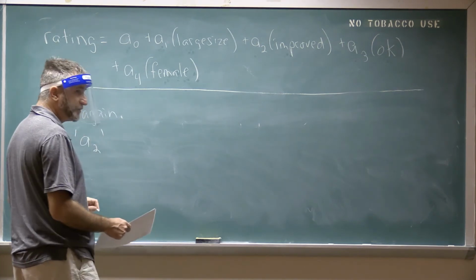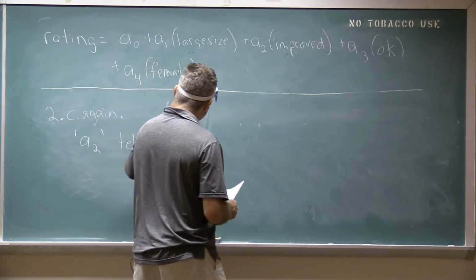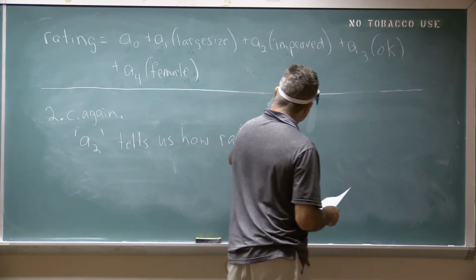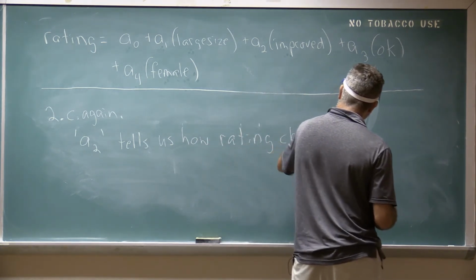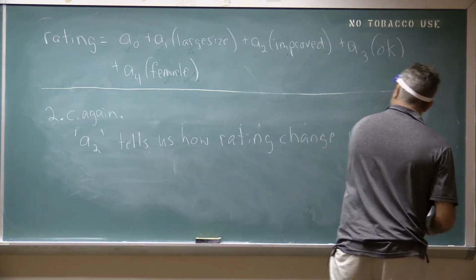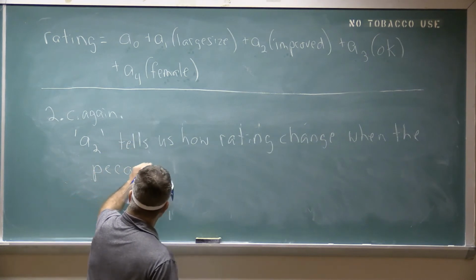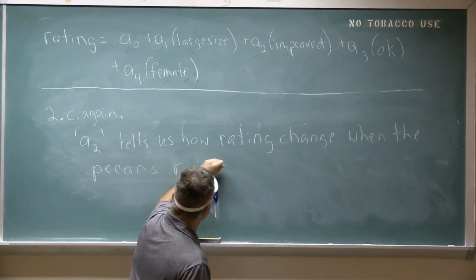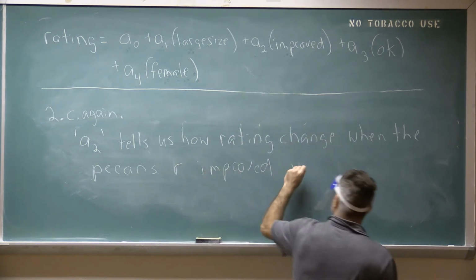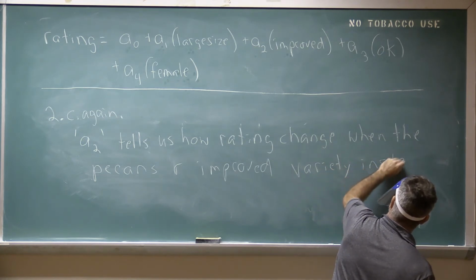The value of A2 tells us how ratings change when the pecans are improved variety instead of natives.